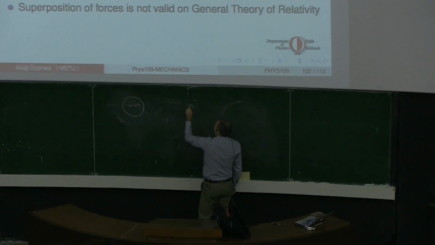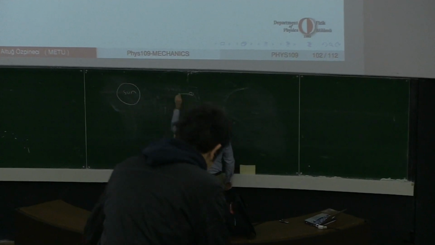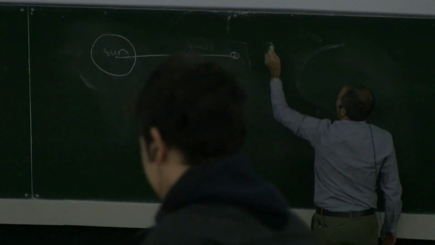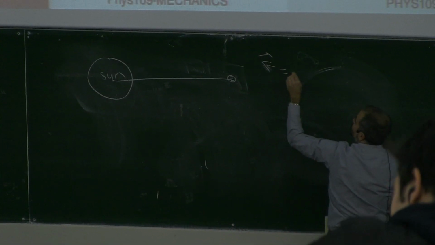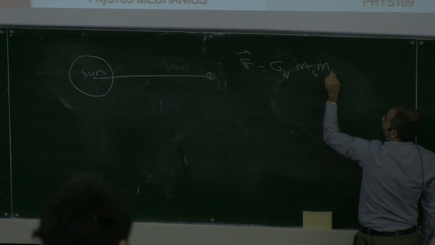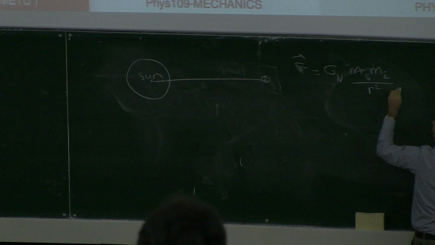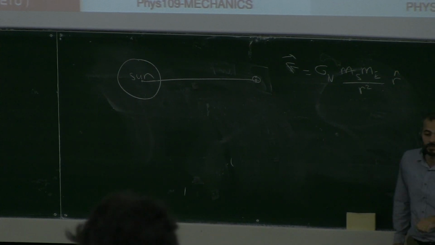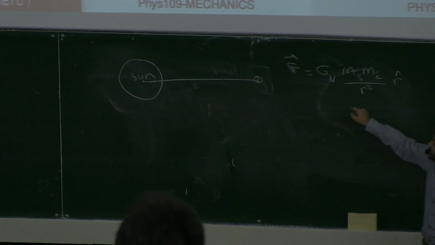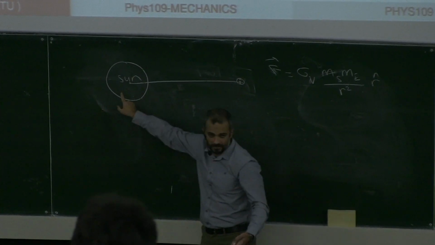We have the Earth somewhere over here. And we said that this gravitational attraction between the two is equal to the Newton's constant, mass of the sun, mass of the Earth, divided by the distance between them, pointing from one to the other one. But what is this distance? Is it the distance from the centers? Well, that is the right answer.